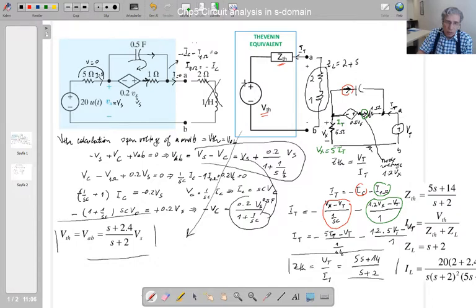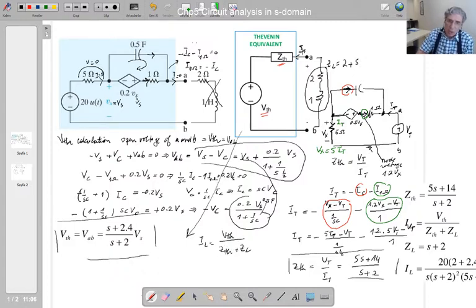So this voltage divided by the serially connected impedances' equivalent impedance gives IL, which is VTH over ZTH plus ZL. Isn't it?